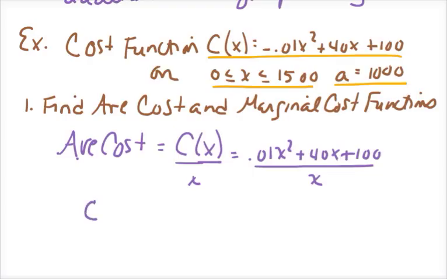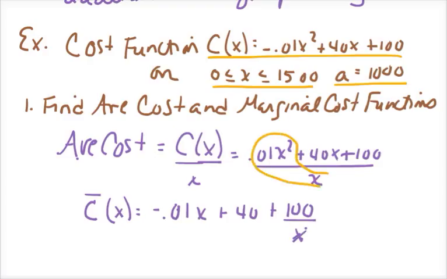The average cost function is usually denoted with a bar on top. So the average cost function is equal to negative 0.01x plus 40 plus 100x. So all I did there was just separate off each one of these terms and divided it through by x. So that's your average cost function.